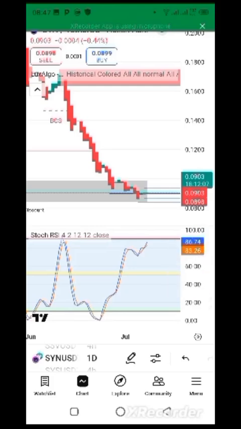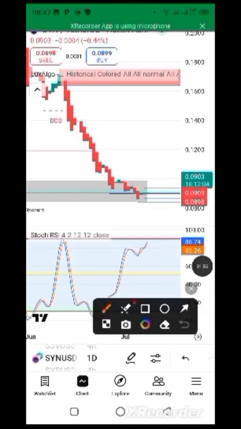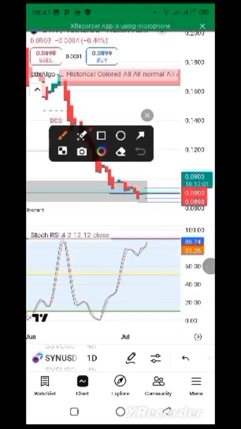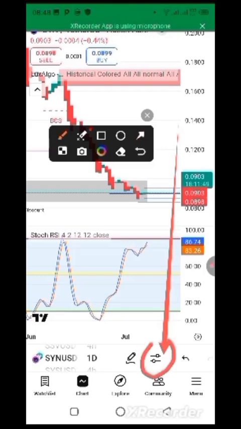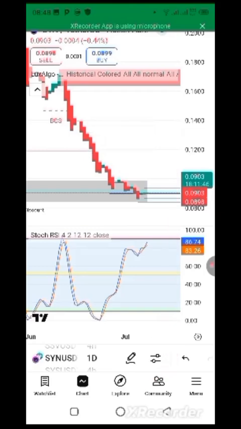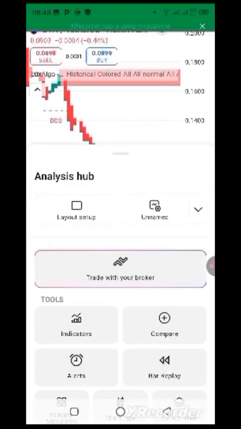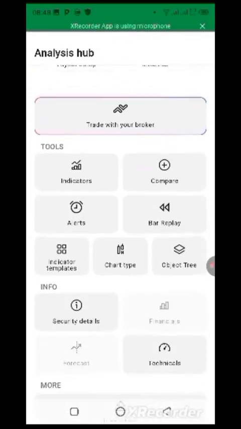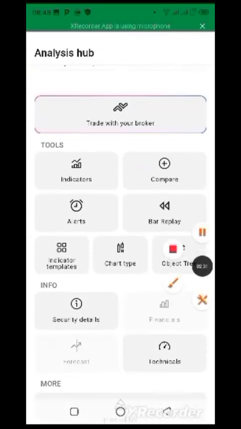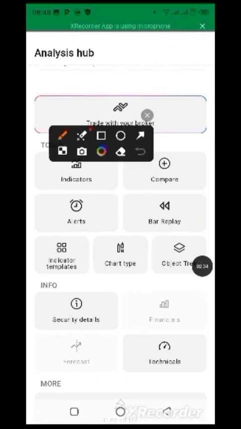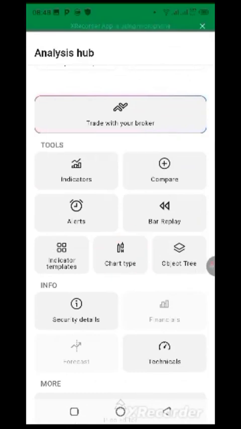Okay, when you find your candles having gaps between them, come here, tap on these two arrows, where we get indicators from. For chart types, scroll down and look for chart type. You choose chart type.